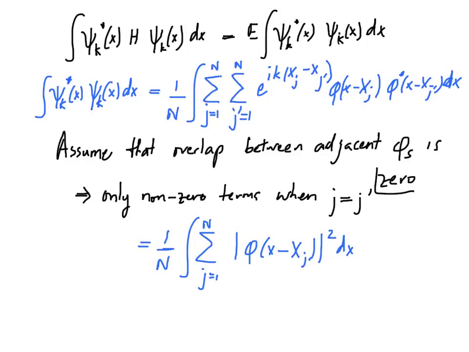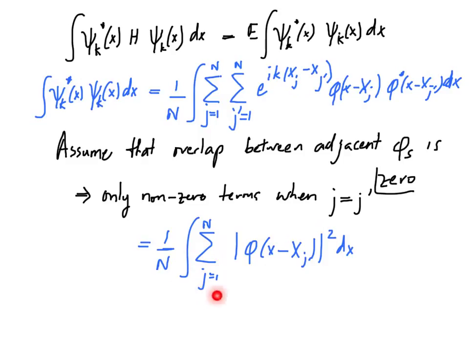And of course, we do know that the integral of the modulo square of our atomic orbital has to equal 1. So you can take this summation outside, and the integral of this modulo square of our atomic orbital over all of space has to be equal to 1, and of course the sum goes from 1 to n, and so that sum of 1 is nothing but n.